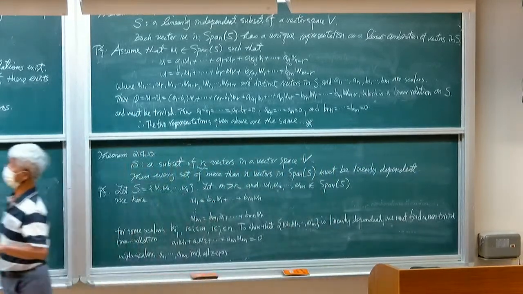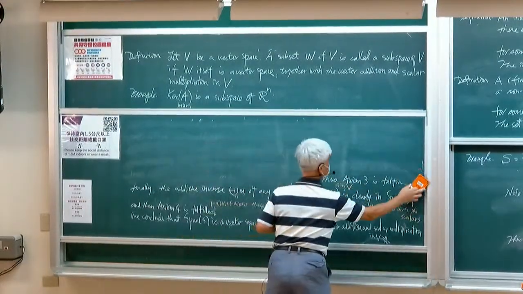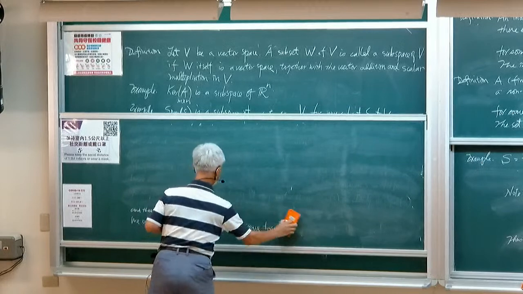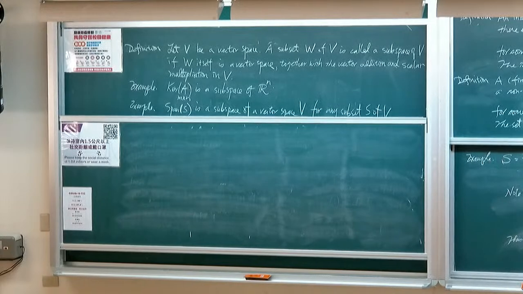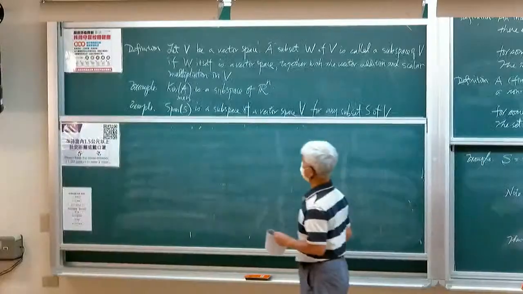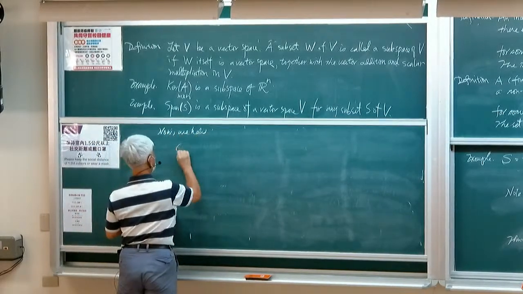All right, so with this formulation, we want to find this, right? So now we have the zero vector.